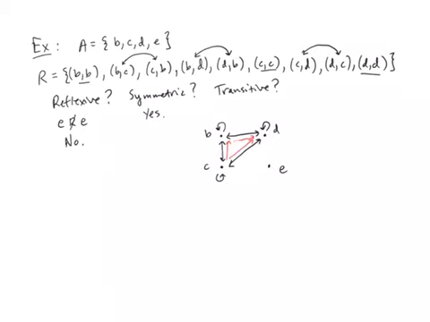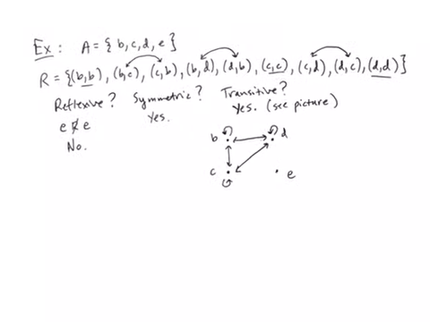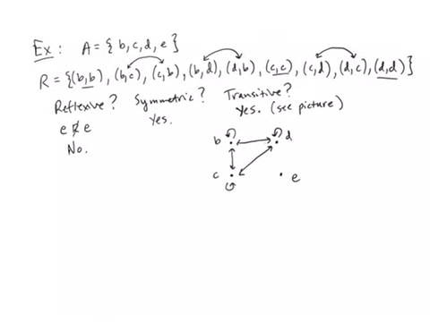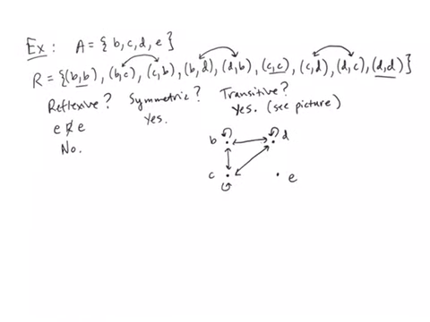So our relation is going to be transitive. So yes to transitive, because we see that whenever we have two legs of a triangle, we have the third in the picture. So see picture. All right, so that gives us an example of a relation which is symmetric and transitive but not reflexive.